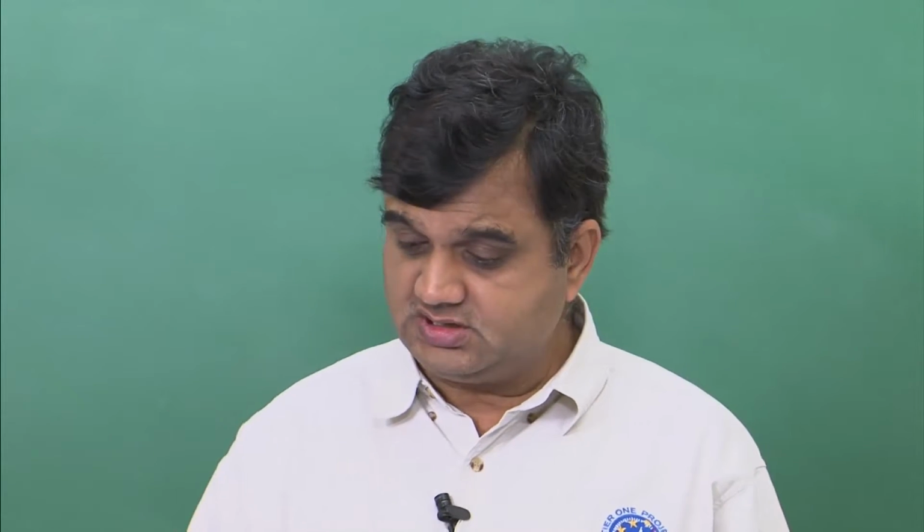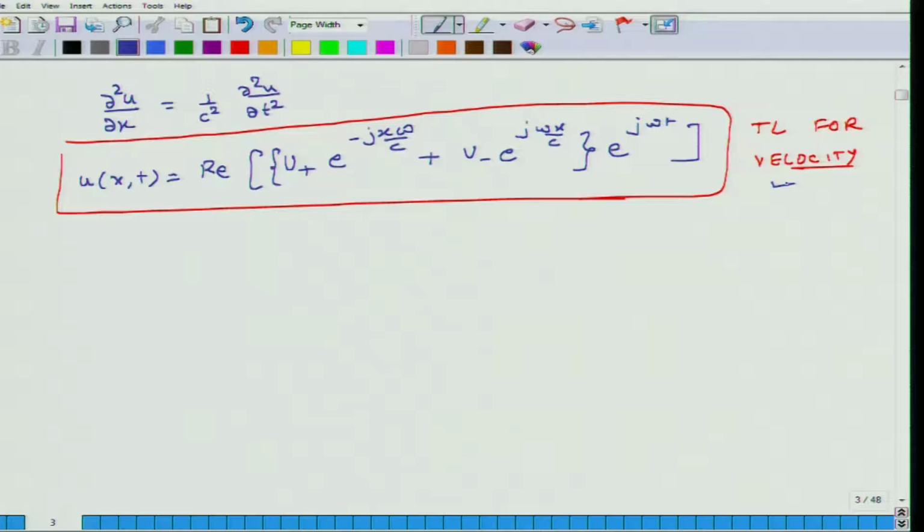So what we will do is connect these two equations, the transmission line equation for velocity with that of pressure, using Newton's second law, that is the momentum equation. The momentum equation, if you remember, states that the partial of pressure with respect to x equals minus rho naught times the partial of u with respect to time.